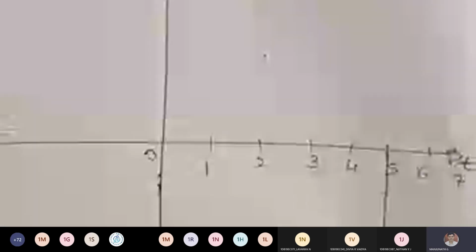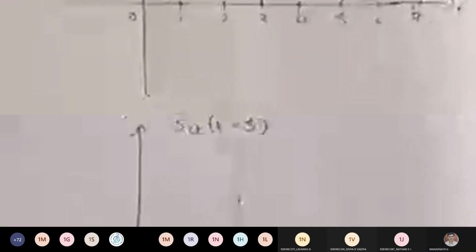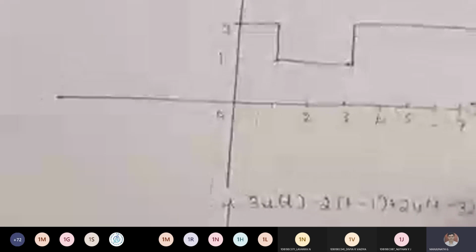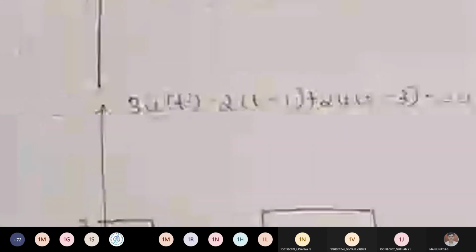Then in the u of t plus 5 term we see that the amplitude is minus 5. So the graph is reflected over here, that is minus 2, which is minus 5 plus 3, which becomes minus 2. So from minus 2 the graph is constant.